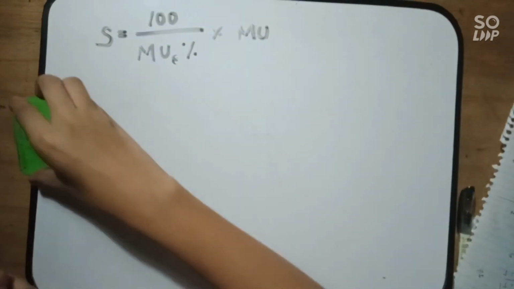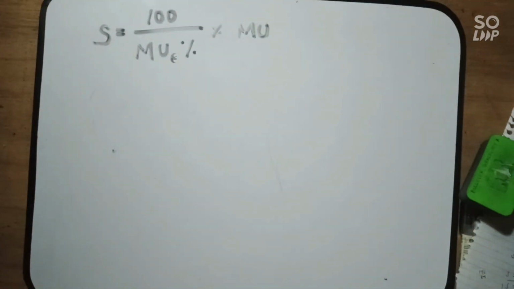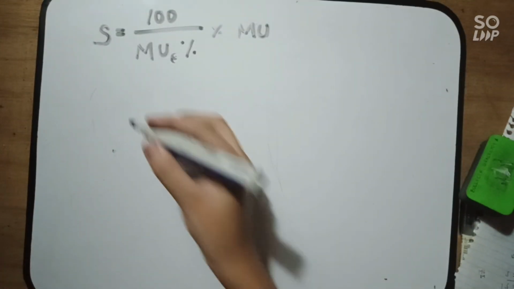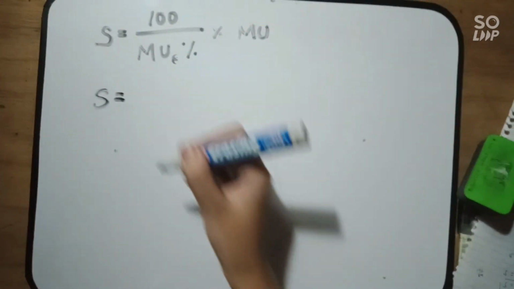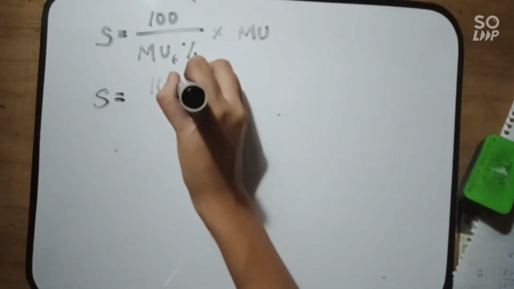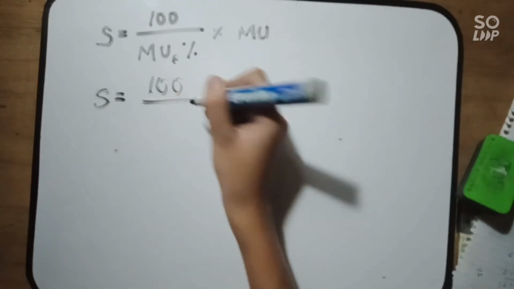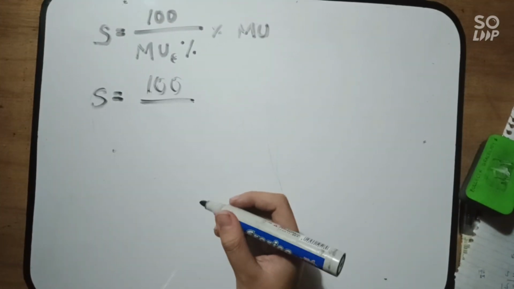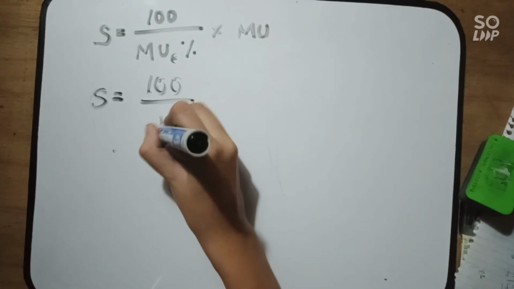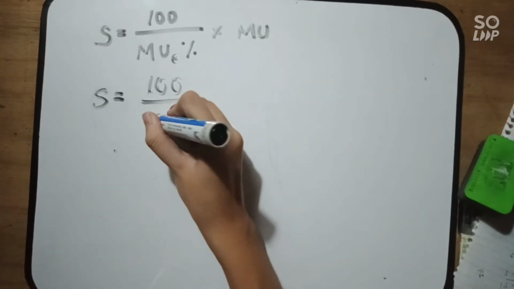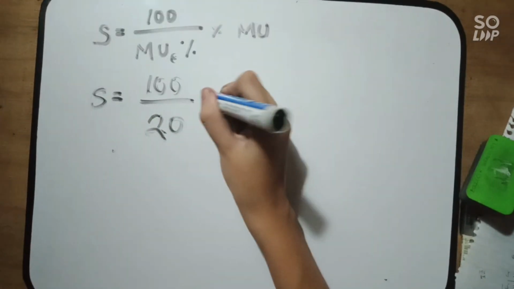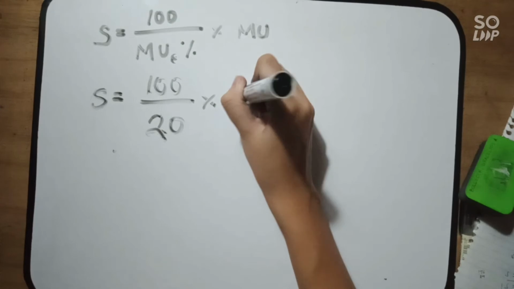Now we can solve the problem. We substitute the given values into this formula. Selling price equals 100 over the rate of markup based on selling price, which is 20, times the markup, which is 5 pesos.